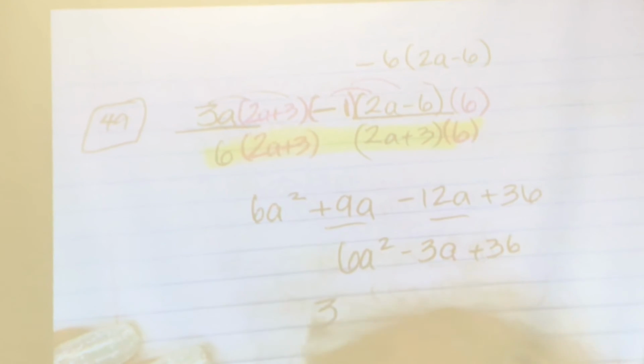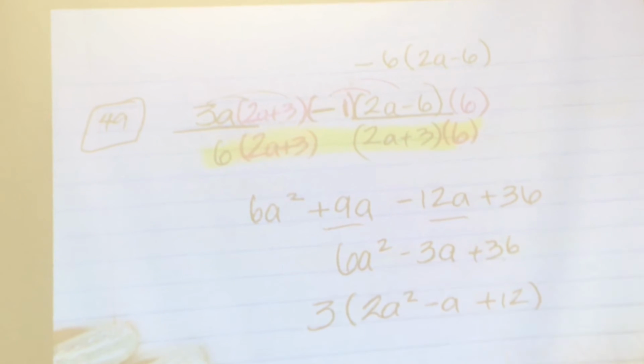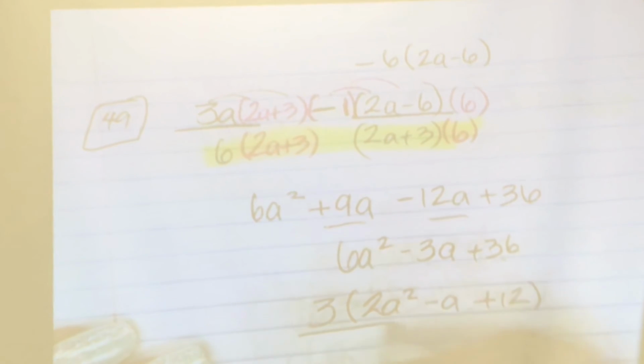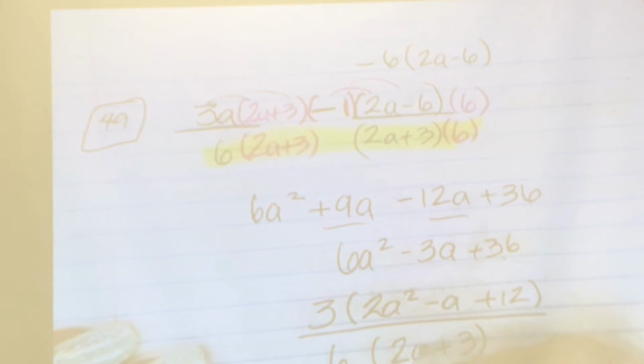No. So take out a 3. What are you left with? Hello, talk to me. What are you left with? 2a squared minus a plus 12 over 6 and then 2a plus 3.